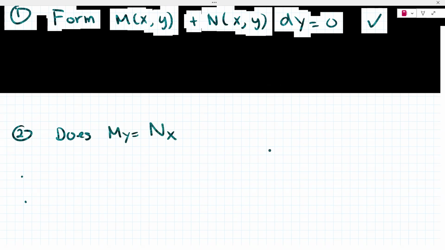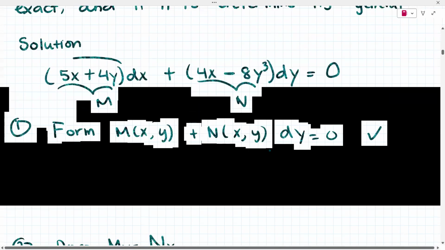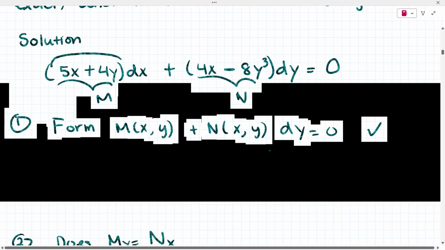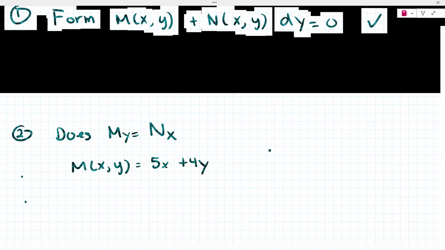So my M(x,y) is pretty much 5x + 4y, right? And if we take the partial derivative with respect to y, it would be 4.